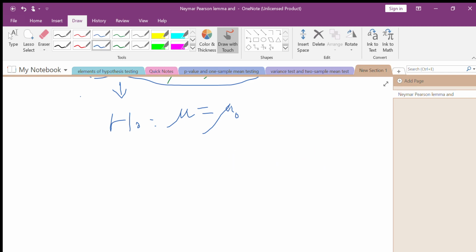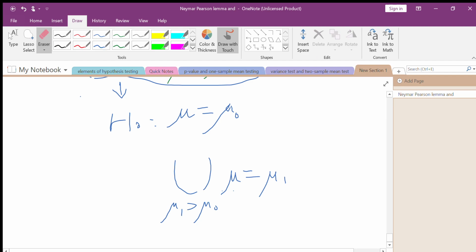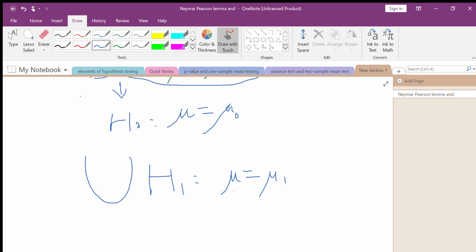We can make a union over what? Union over mu 1 greater than mu 0 and mu equals mu 1. So we can write in this way. So H1 is mu equals mu 1, and we union over mu 1 greater than mu 0.